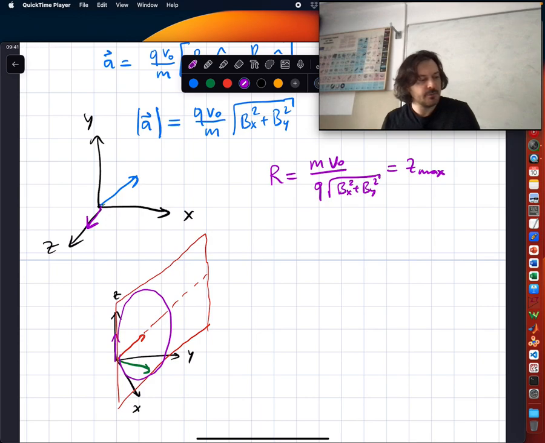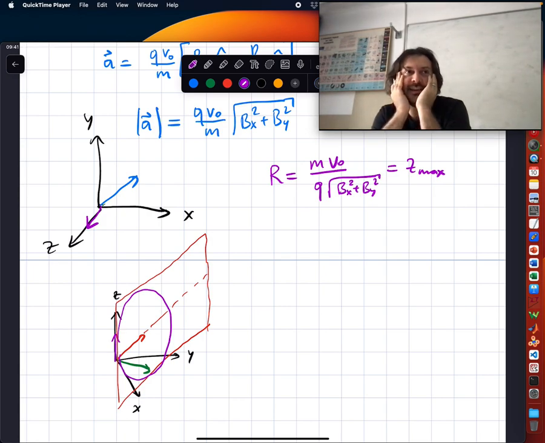What is the power supplied by the magnetic field to the particle? It's a 5-point question. Any ideas? I mean, 0.